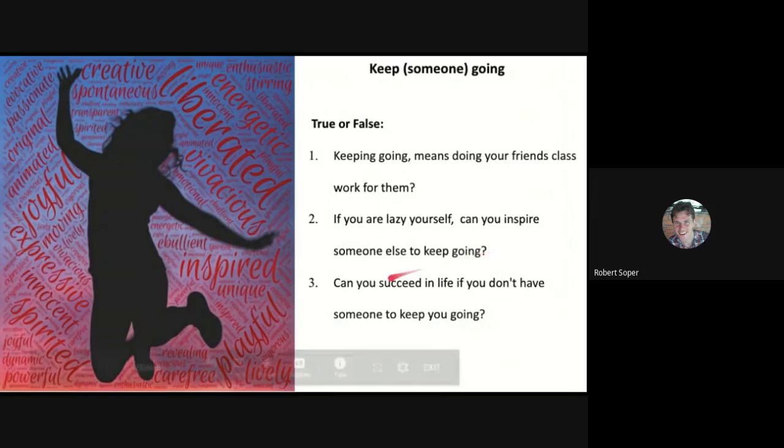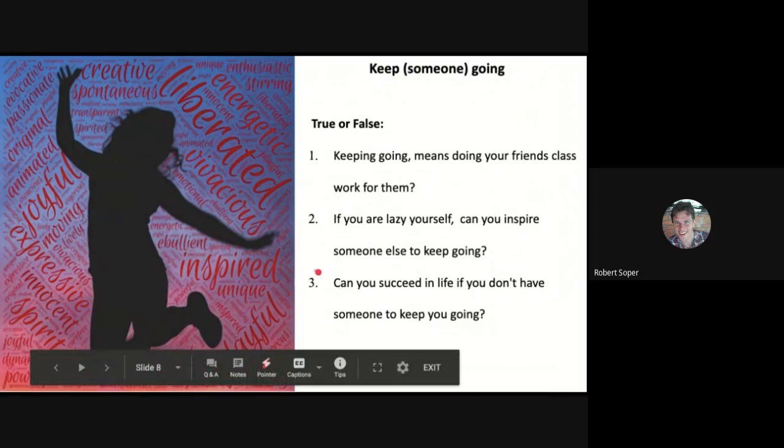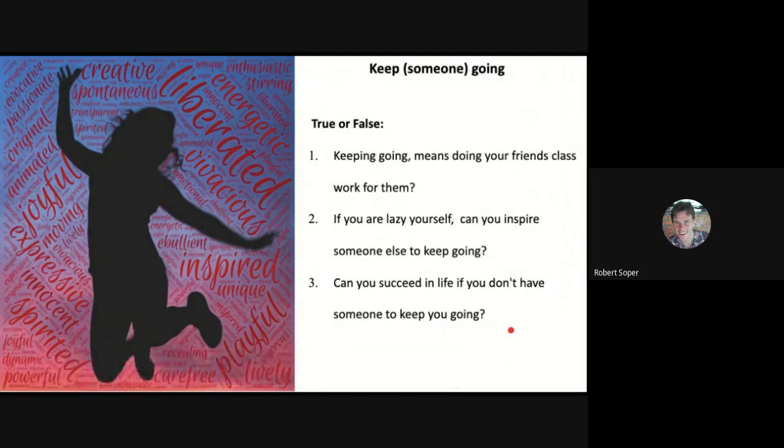What about number 3? Can you succeed in life if you don't have someone to keep you going?